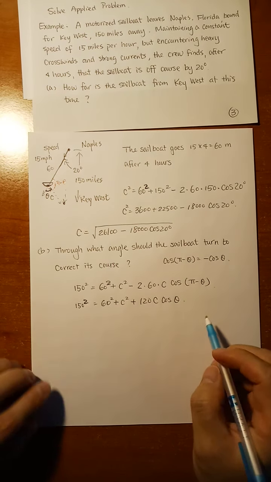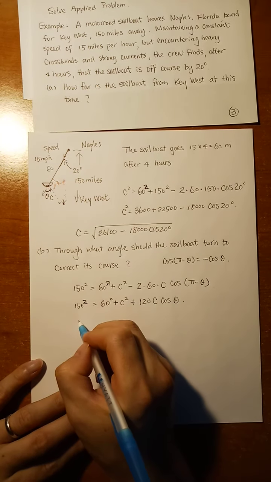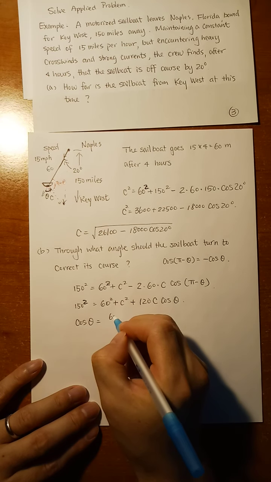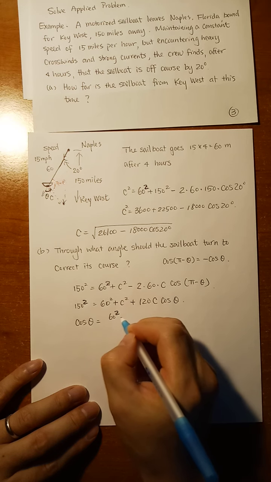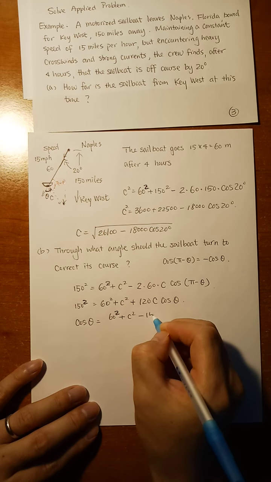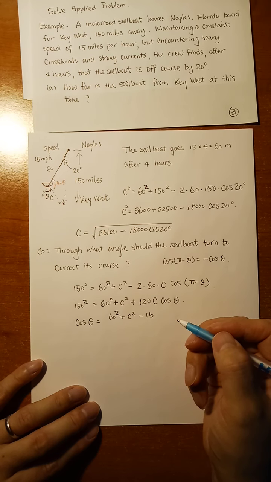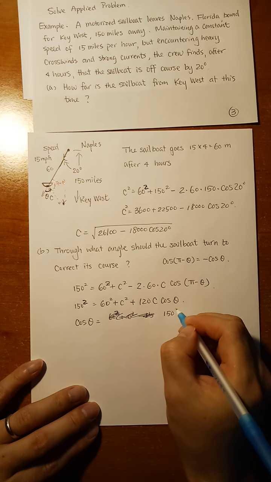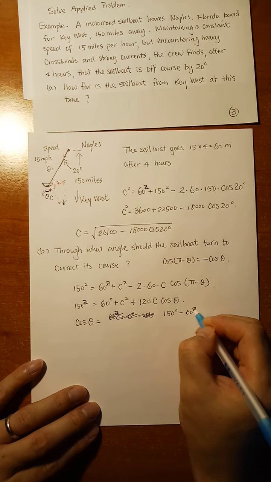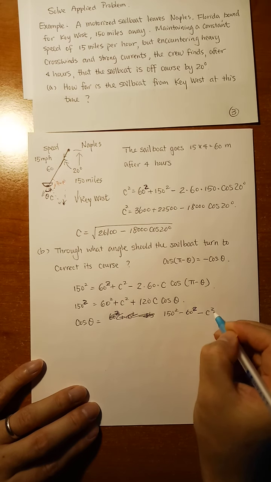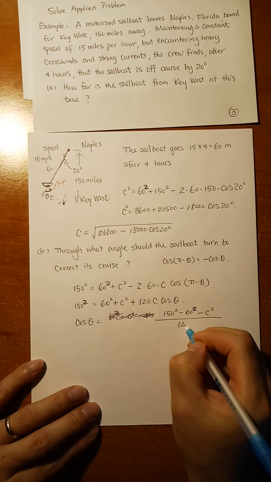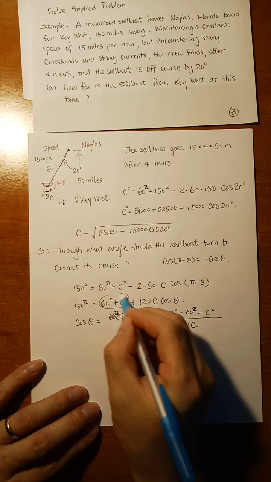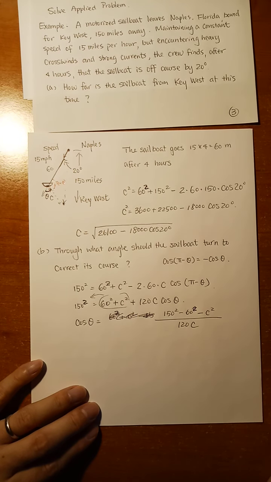From here, we can determine cosine of theta is 150 squared minus 60 squared minus C squared over 120 times C. You just move these two terms to the left.